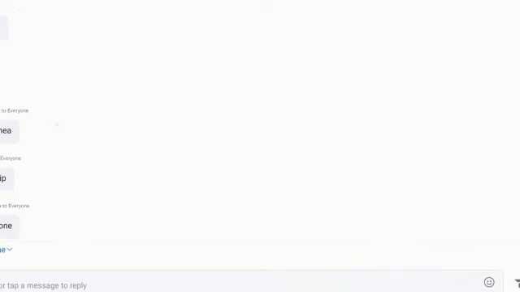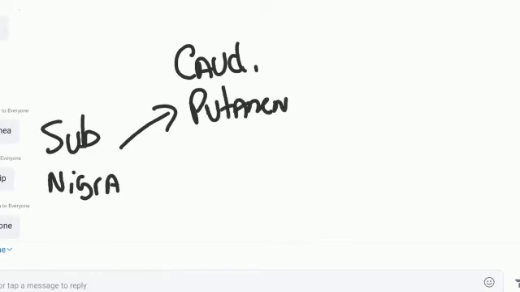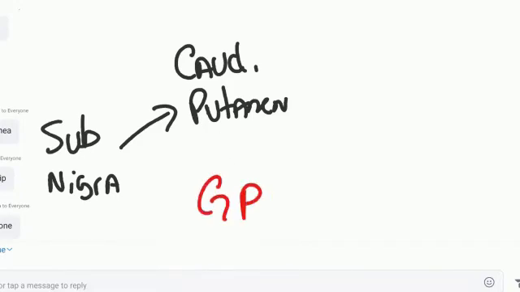Dopamine is released from the substantia nigra, correct? Yes. This substantia nigra will release the dopamine, which will therefore go to the caudate and the putamen. From the caudate and the putamen, they will go to the globus pallidus.